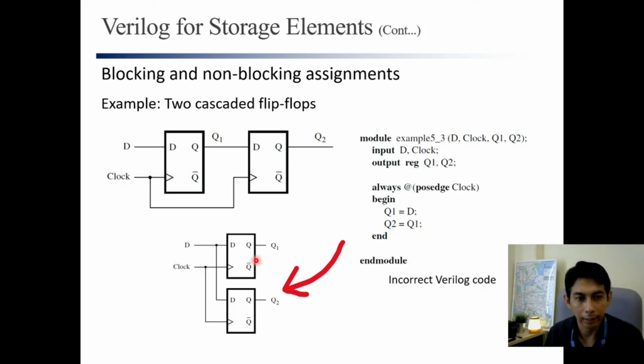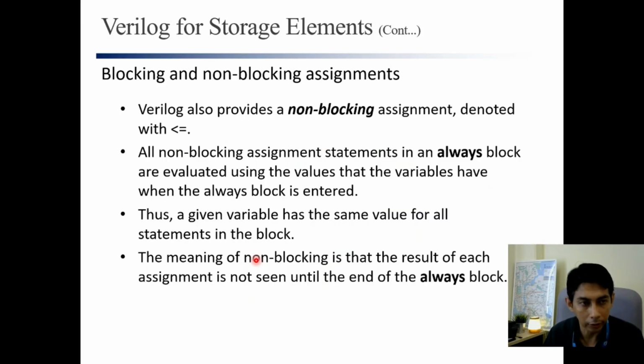So that is blocking assignment. And what happens when we use blocking assignment in modeling our sequential circuit? Verilog offers another kind of assignment, which we call non-blocking assignment, where the symbol is this one.